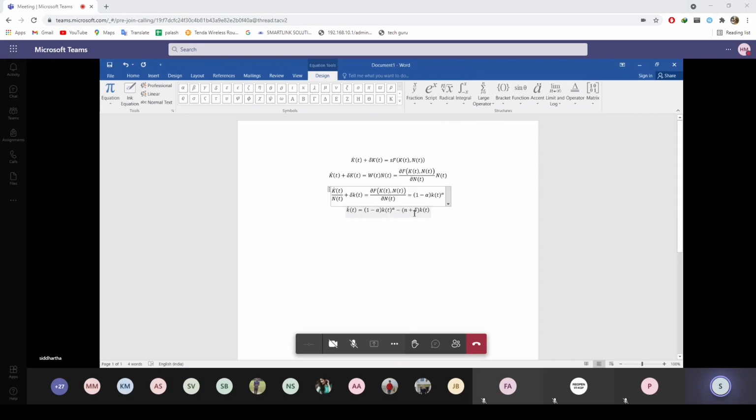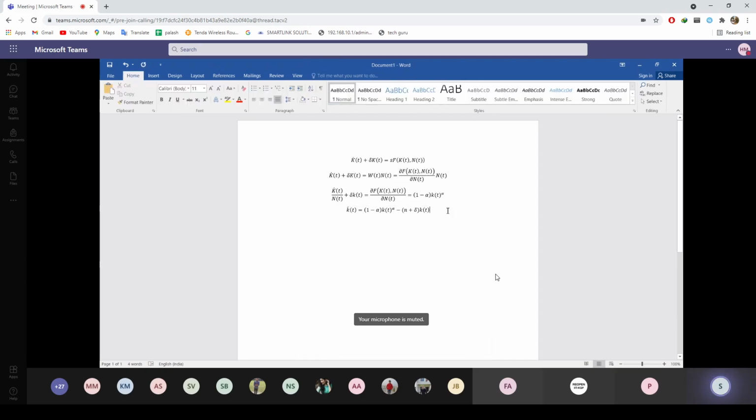This is the fundamental equation now. Similarly, you tell me, if a person is saving his entire capital income, how does the fundamental equation in per capita form look like?